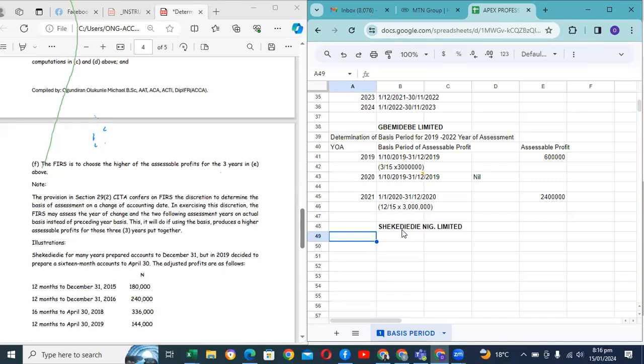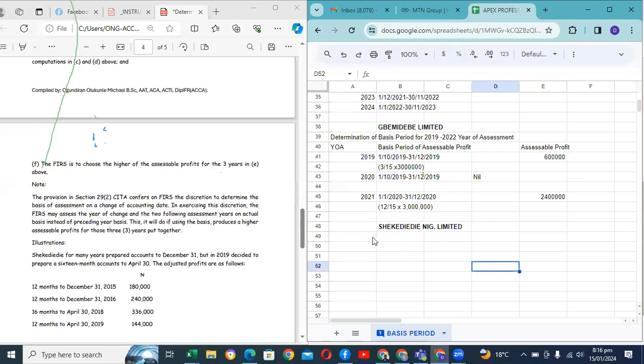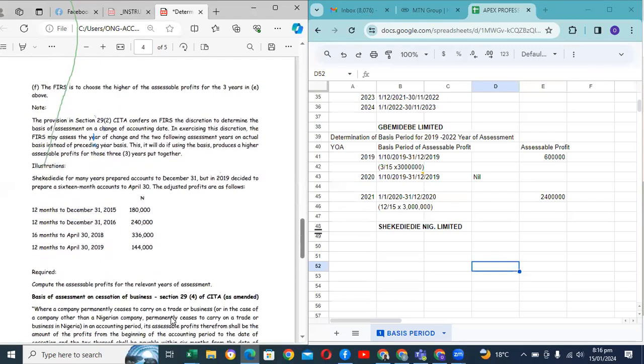The adjusted profits are as follows: 12 months to December 31st, 2015, 180,000. 12 months to December 31st, 2016, 240,000. 16 months to April 30th, 2018, 336,000. 12 months to April 30th, 2019, 144,000. Required: compute the assessable profits for the relevant years of assessment.